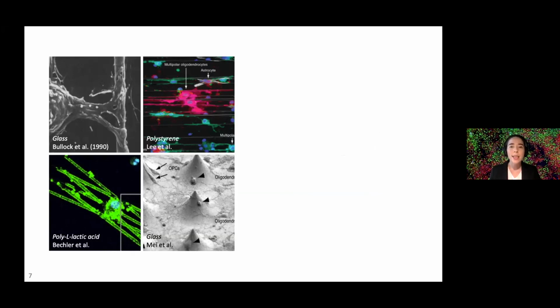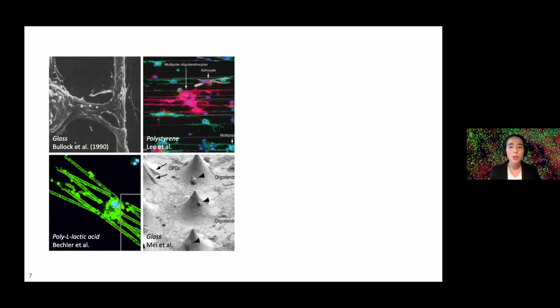And this idea that myelination can proceed in the absence of neuronal signaling presented an opportunity to bridge the trade-off between biological accuracy and engineered reproducibility and throughput of current preclinical models. So several systems, as you see here, have since then been refined using glass and polymer fibers to capture some properties of biological axons.